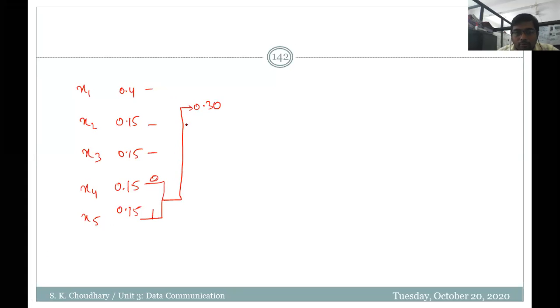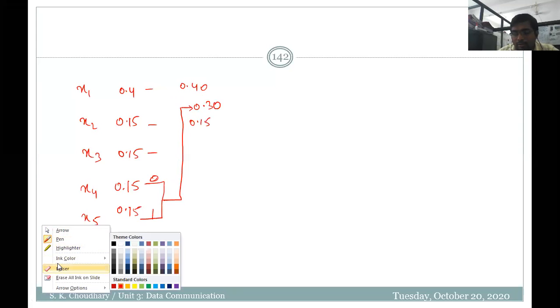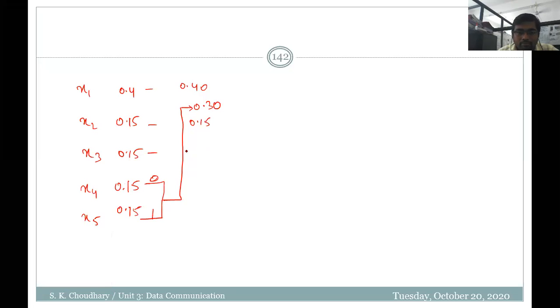Now, whatever the rest of the things are, we write them as they are. You can write them or use a dash also. For those not in use, you can use the term dash or otherwise directly write the value. That doesn't make any change actually.